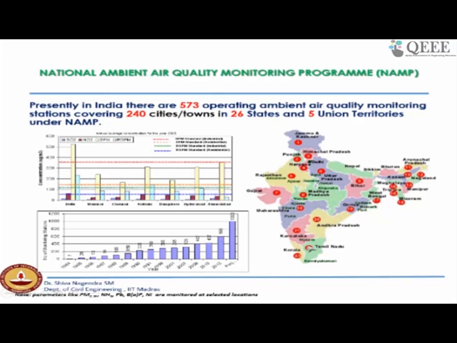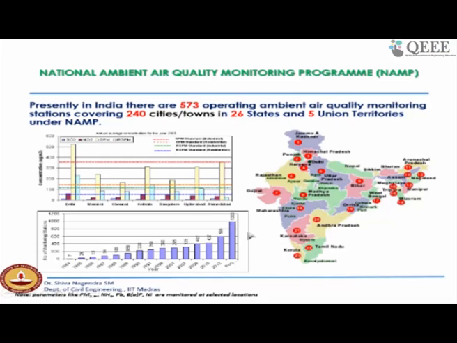For example, in Tamil Nadu we have about 22 ambient air quality monitoring stations. In Delhi we have about 8. These stations' data have been used to characterize the air quality in different places. It is also projected that by 2020 they will increase the air quality monitoring stations by 1,000.